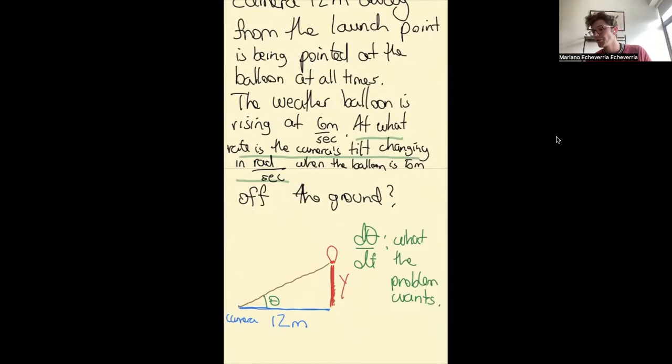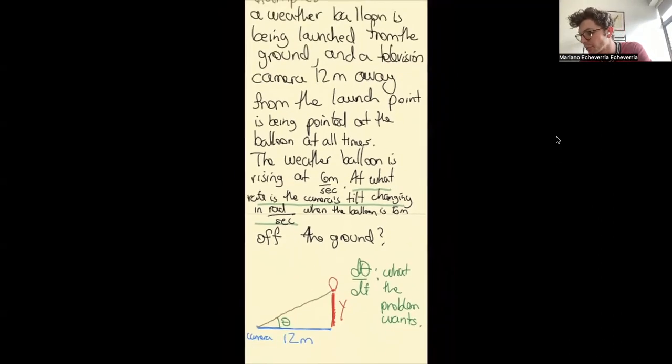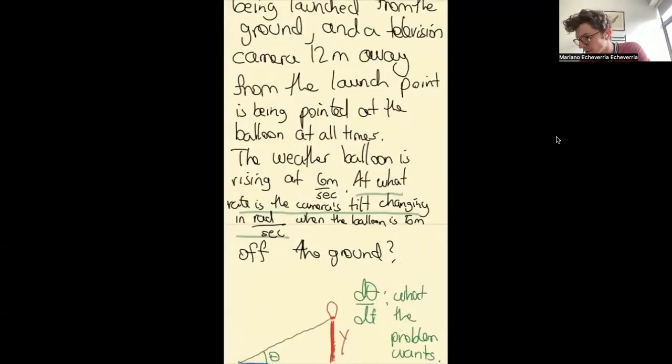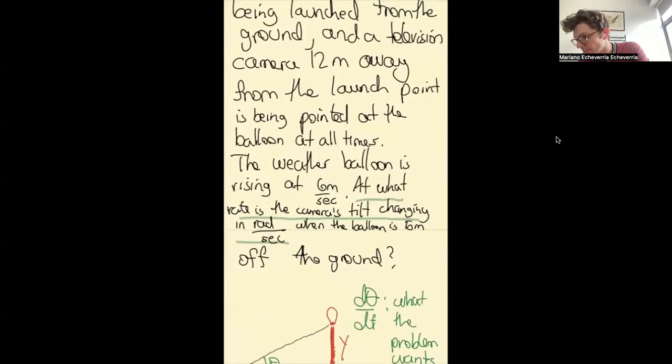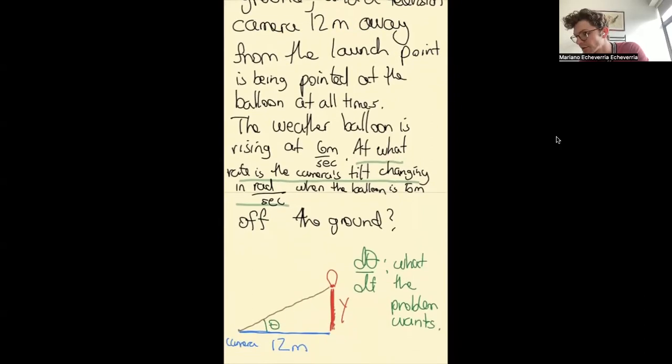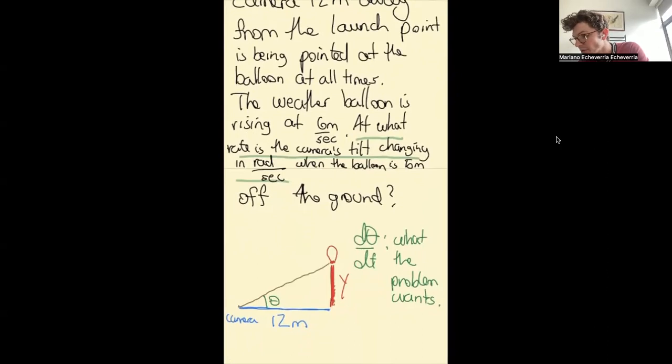Now, here's where we need to start reading the problem to see if we can find something else. We already used the fact that the camera is 12 meters away from the launch point, right? That is already incorporated into the diagram. Now the weather balloon is rising at 6 meters per second.